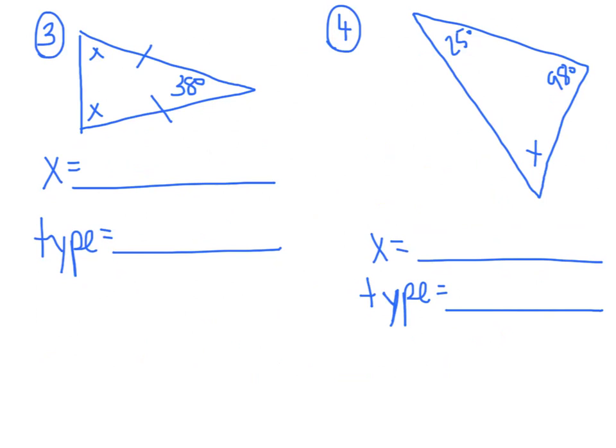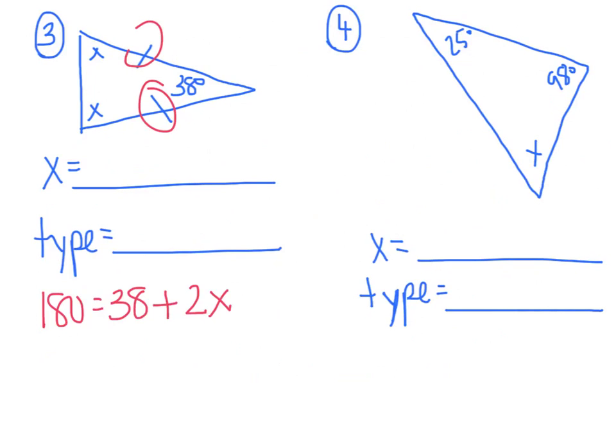All right, let's look at the last 2. We have 38 degrees, so 180 equals 38. And if you look, these 2 lines right here mean that those lines are congruent or equal, which means the angles are also going to be congruent or equal. So when we set up this equation, it could be 2x because x is going to be the same. So now this is just going to be a two-step equation instead of just a one-step.